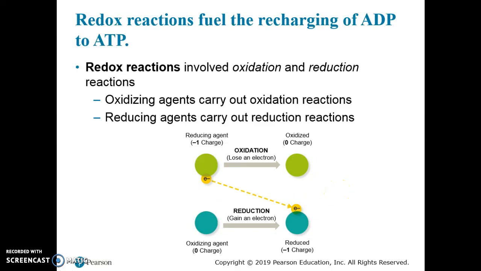That can actually be damaging to cells, especially if you get a lot of that extra energy. And so it's always good to have both the reducing agent as well as an oxidizing agent to be able to match up these reactions and allow for proper health of the cell.